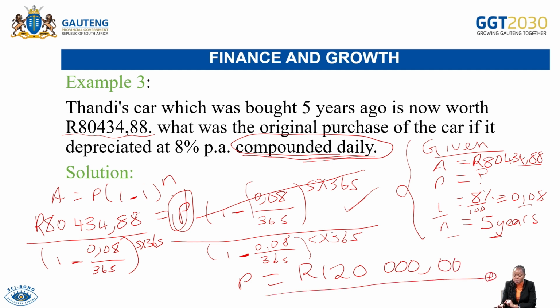So it's just 120,000. Now it makes perfect sense, because the car was bought 5 years ago. So 5 years ago, it should have cost more than what it is costing now, because it has lost the value. The 80,434.88 cents, it's the book value of the car after the 5 years. Right? Thank you very much, guys.